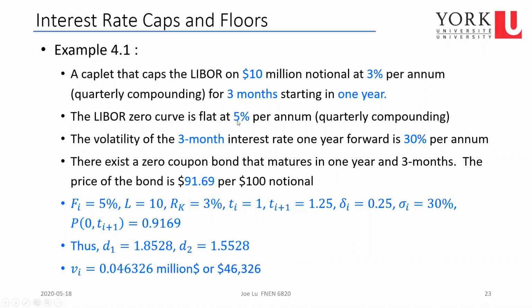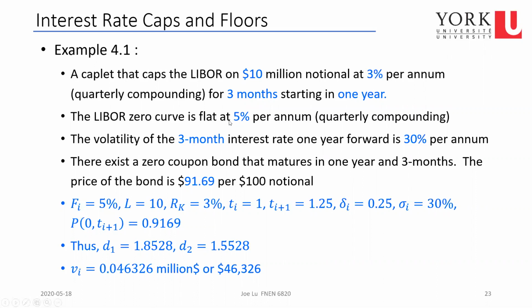This zero curve is 5%, and so we have the initial forward rate is 5%, because this is a flat zero curve.